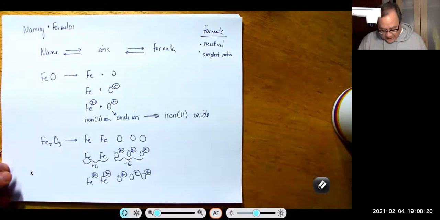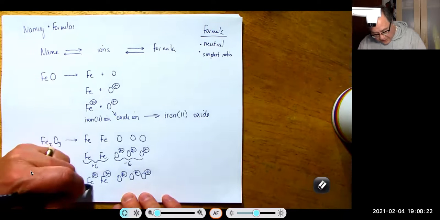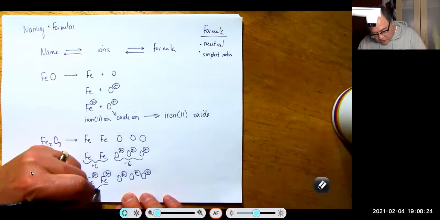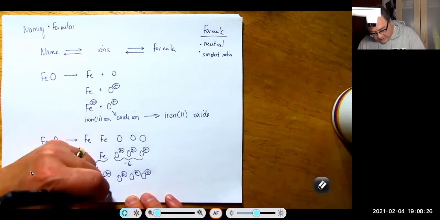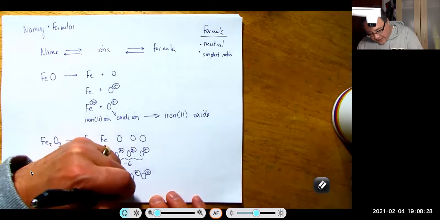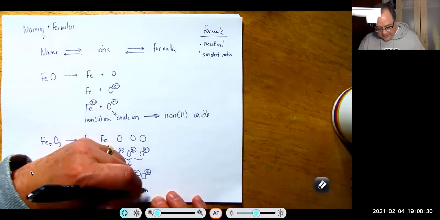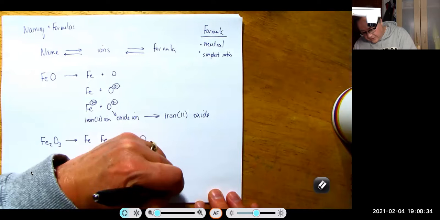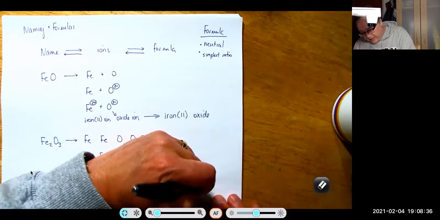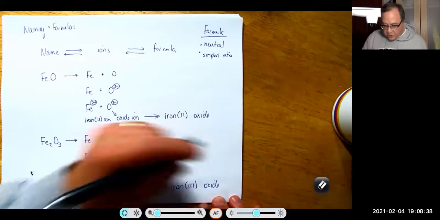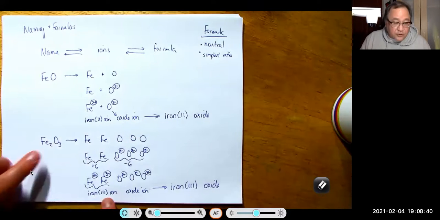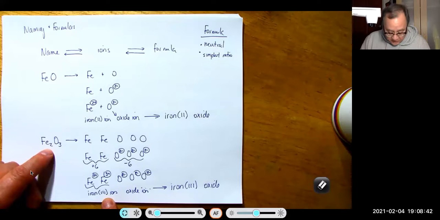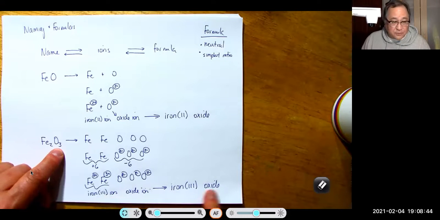And so what do we call this? We call it iron 3 ion. And these are oxide ions. And when you put the name together, it's iron 3 oxide. And you'll notice here, even though we have 2 of these, we don't use a prefix. Even though we have 3, we don't use a prefix.